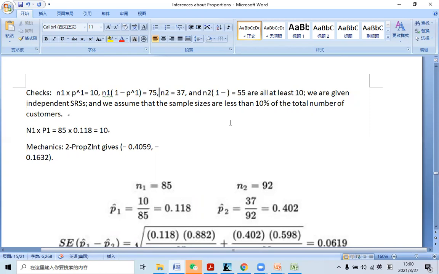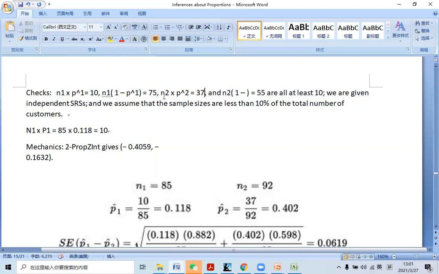That's 75. So altogether you have 85, and 10 of them paid with checks. 75 paid with some other ways like credit cards. N2 times P2 hat, that's 37.